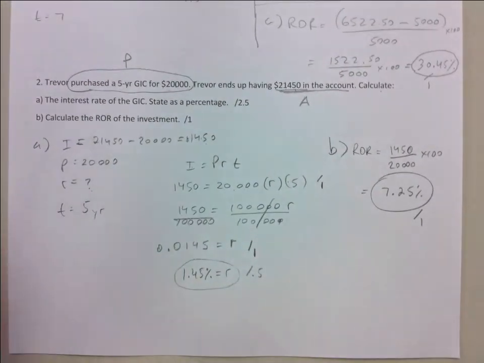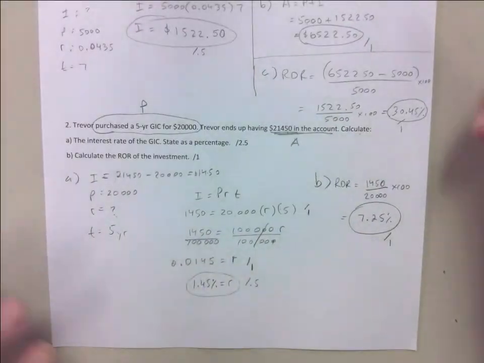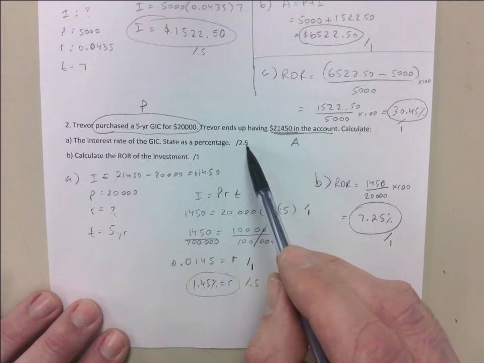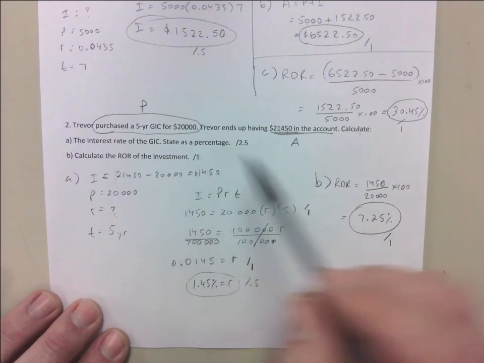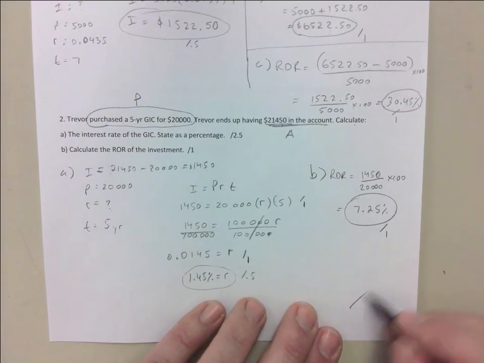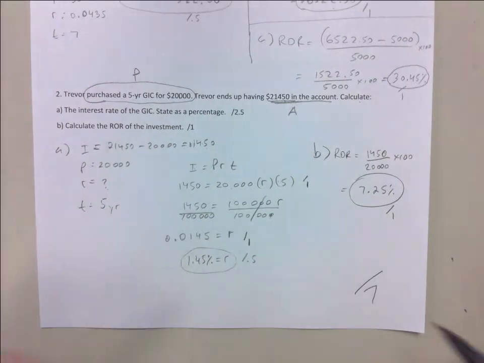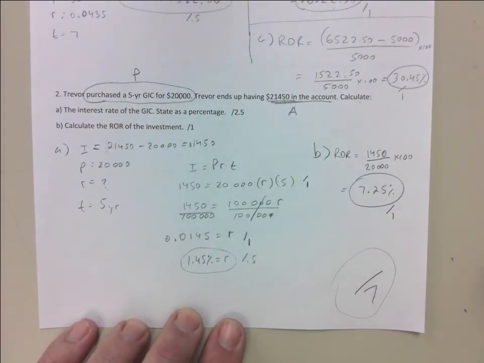So how many marks is this out of? 1, 2, 3.5, 4, 5, 6, 7. So this page is worth 7. That's what the AC is going to be out of. It's going to be out of 7. The back side, I'm just going to use that as a lesson. And I saw quite a few of you writing quite a bit, which is awesome.